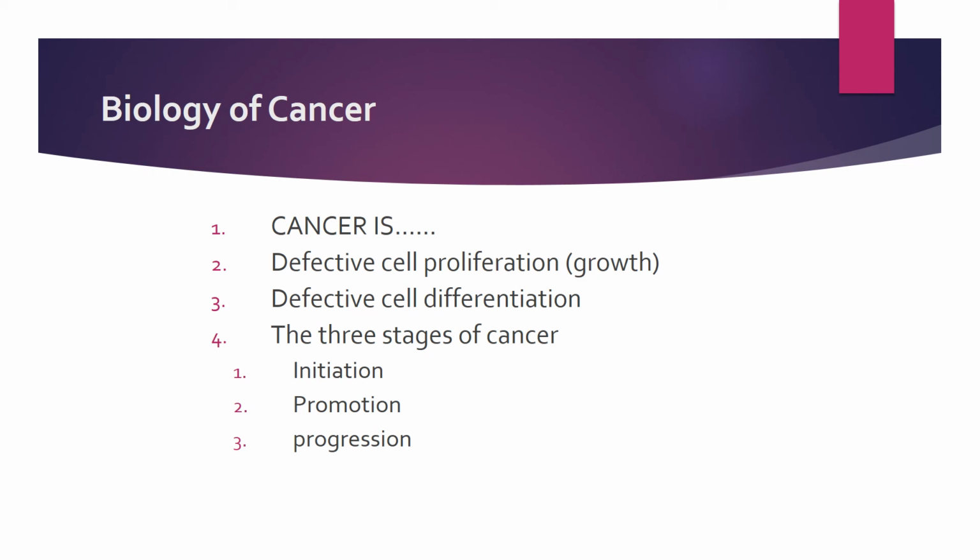Then we come down to promotion, and that is just as it sounds. Something then promotes the cell growth or the cancerous cell growth. This is the second stage in the development of cancer, and it is characterized by reversible growth of the altered cells.